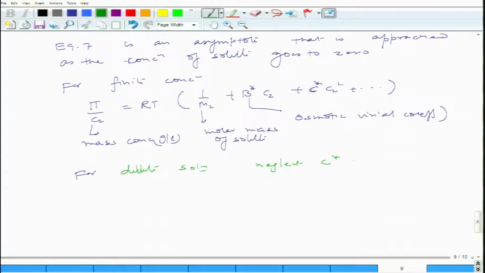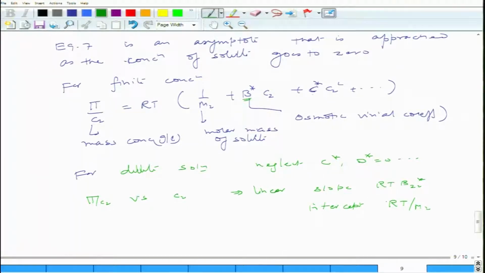So for a dilute solution, if we neglect C star, D star and so forth, and plot pi by C2 versus C2, this part will be your intercept and this will give you a slope. That means we get a linear equation having a slope of RT B2 star and an intercept of RT by M2.